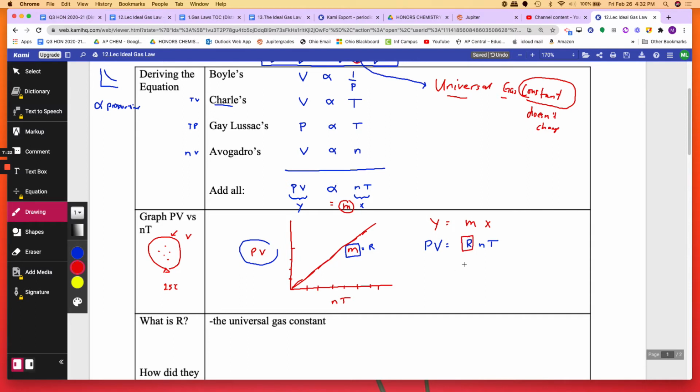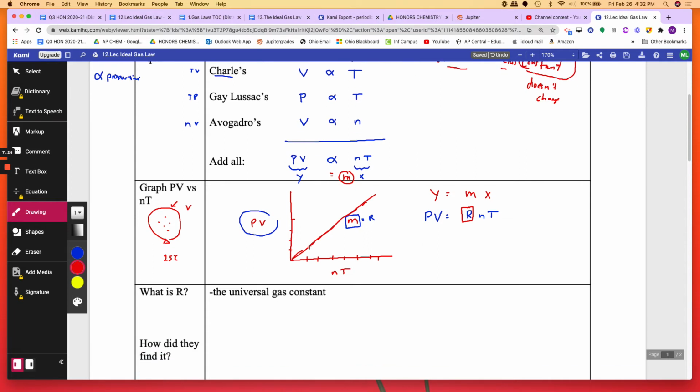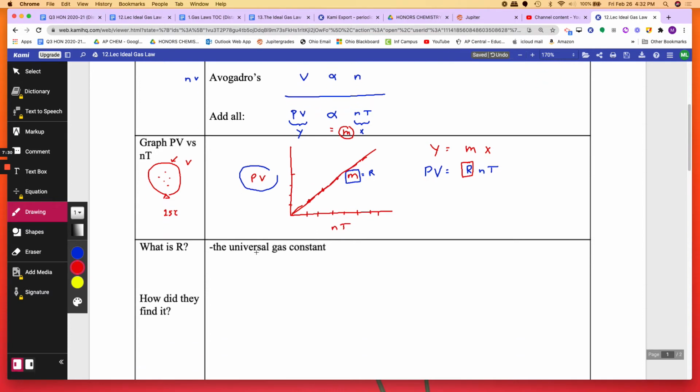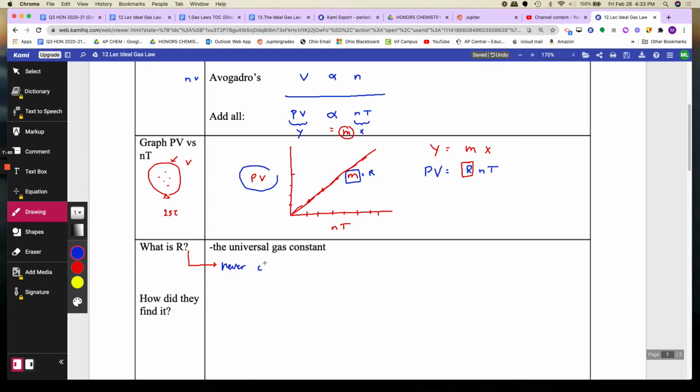And you can actually find it, okay? Remember, the slope in this spot is the same as this spot, is the same as this spot. So what we're going to do is solve for R. First, you should remember that R will never change, because the slope here is the same as the slope here.